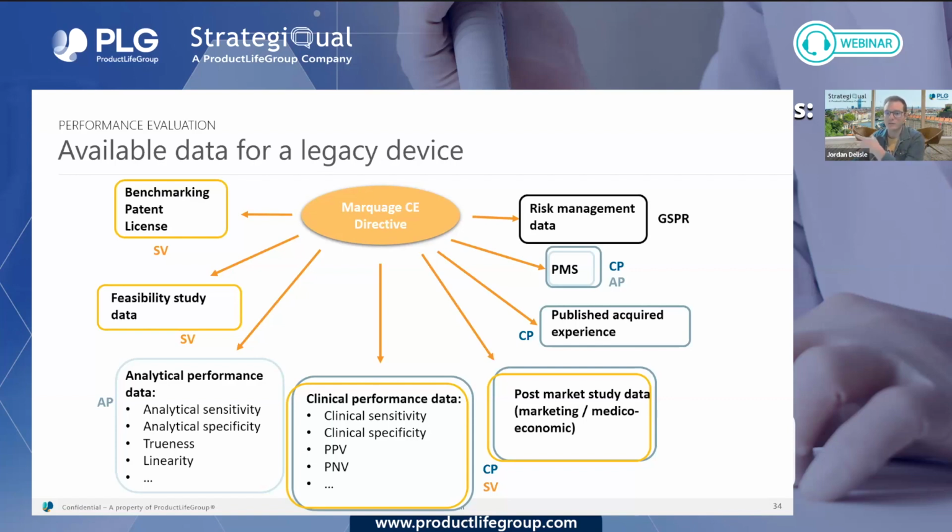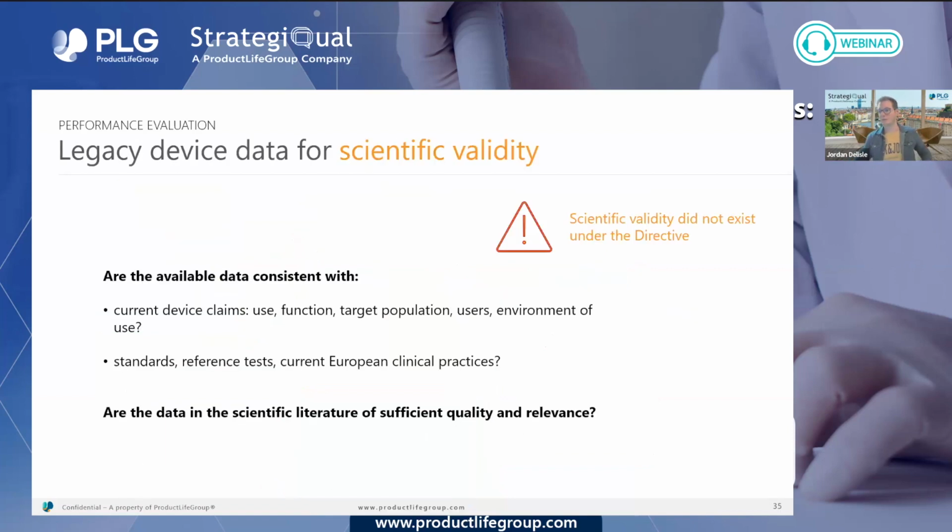So we have quite a lot of data at our disposal to provide scientific proof of the device benefits. But are all these data sufficient and can they be used as they stand? There are certain points to consider before using previously collected data.